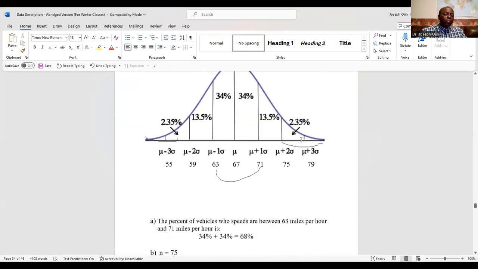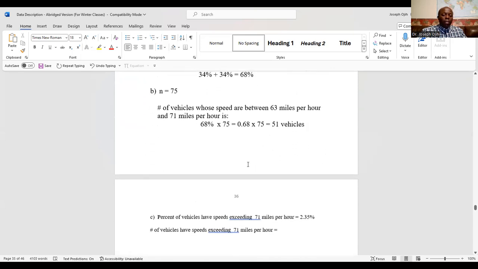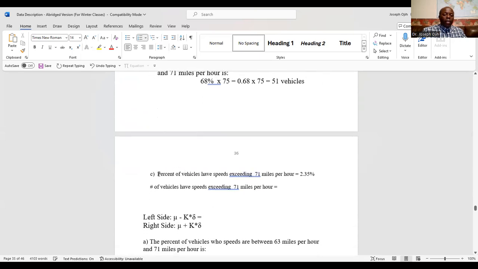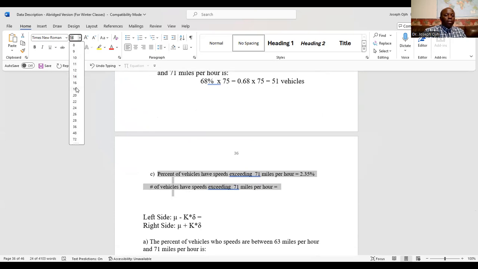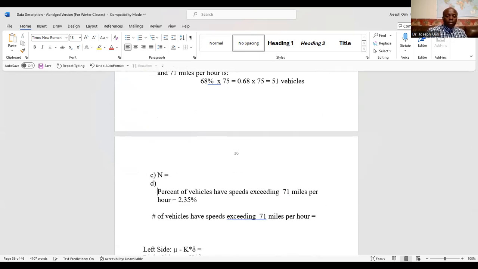Now, in this case, our small n is 25 vehicles.